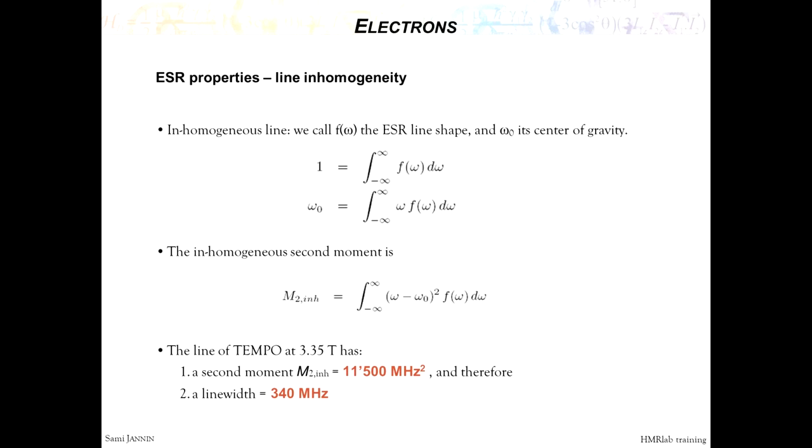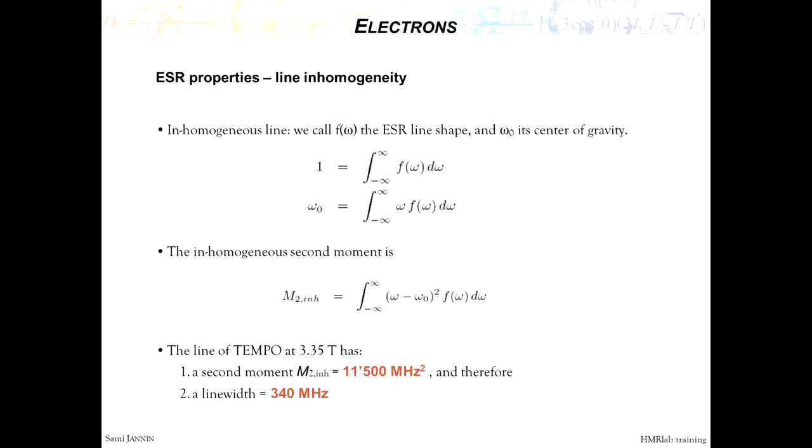So for TEMPO at 3 Tesla, the M2 is 11 megahertz squared, 11,000 megahertz squared, and this gives 340 megahertz width. There must be a mistake somewhere.